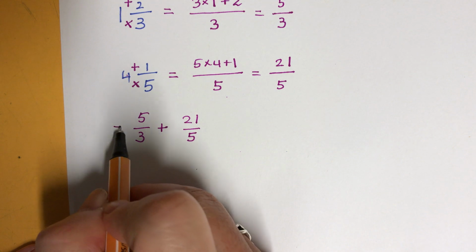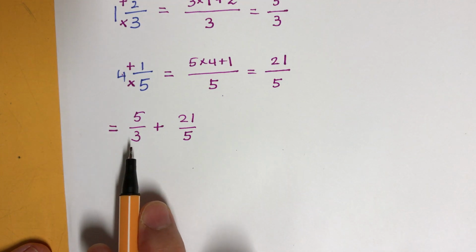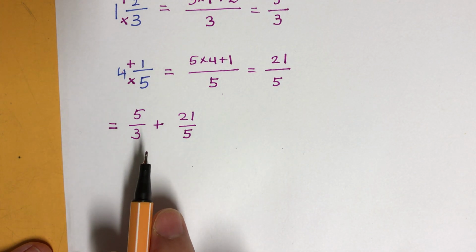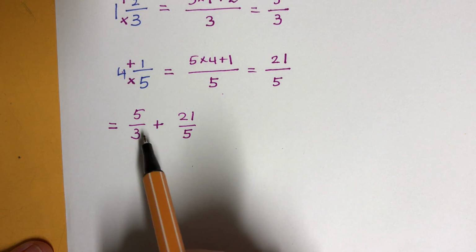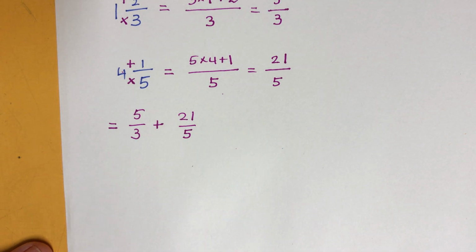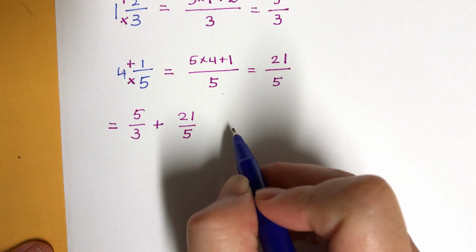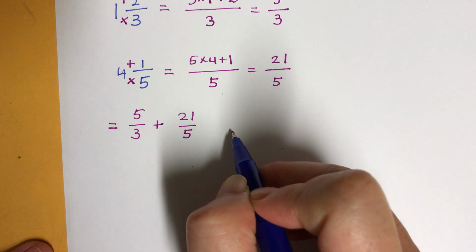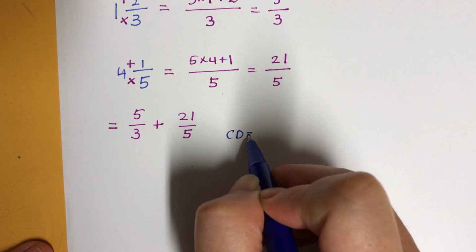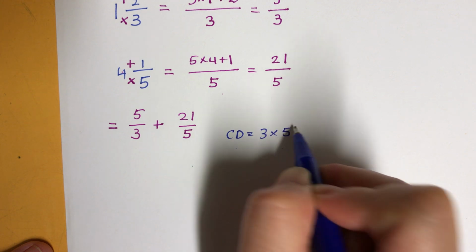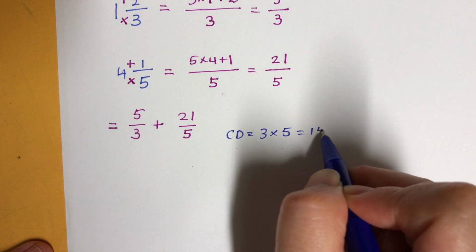Now, what happens now is it's like the ones that we've done in the previous first 3 examples. This one has different denominators, and they're not in the same family, so we're going to times them together. So the common denominator will be 3 times 5 equals 15.